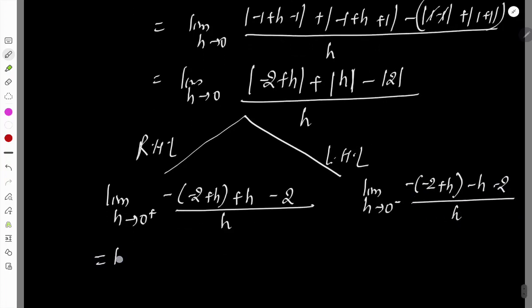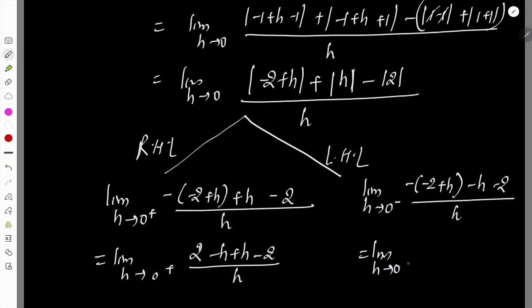So what we are getting here: limit h tending towards 0 plus, just open it, 2 minus h plus h minus 2, divided by h. Here it is equal to limit h tending towards 0 minus, plus 2 minus h and minus h minus 2, divided by h.